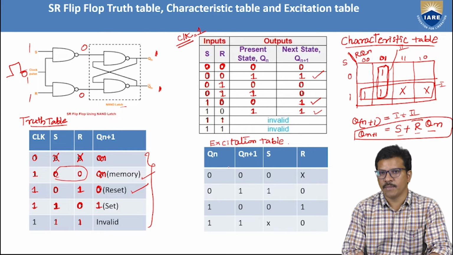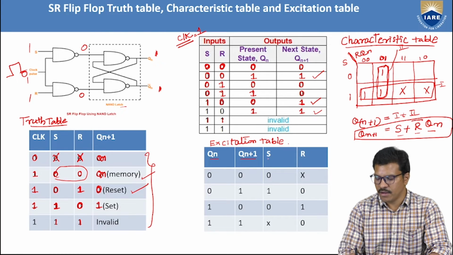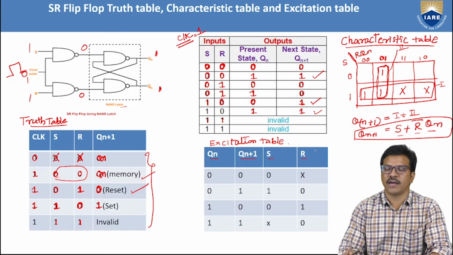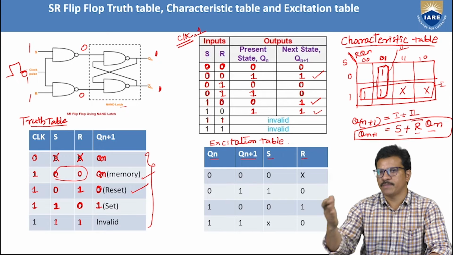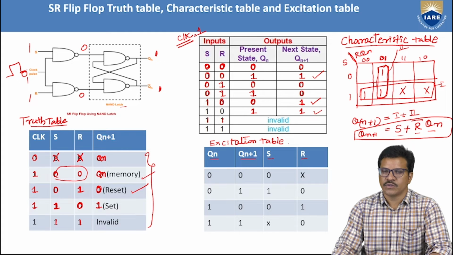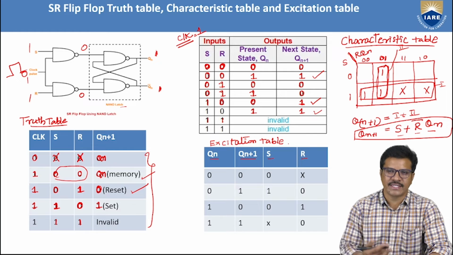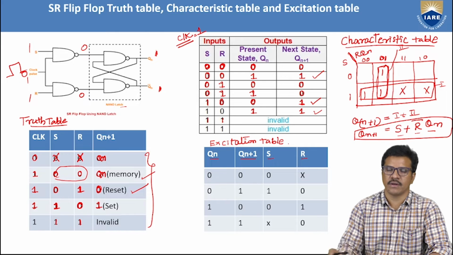In this excitation table, we have the present state, next state, and on the other side we have S and R inputs. So that is the relation between the present state and next state with respect to inputs. When the present state is 0 and the next state will be 0, what will be the required combinations of inputs? So for the excitation table, we know the present state, we know the next state, and what combinations of S and R will achieve this.